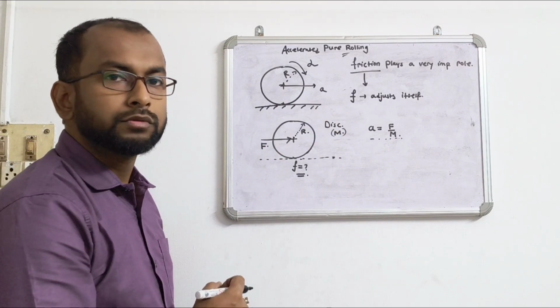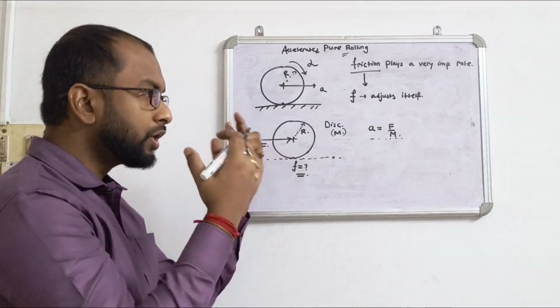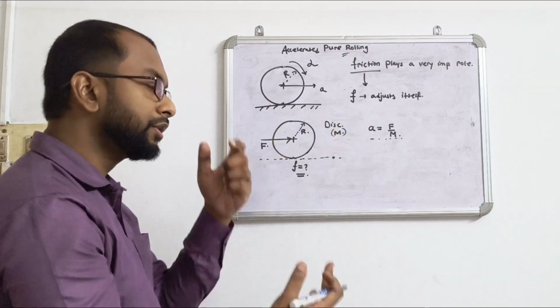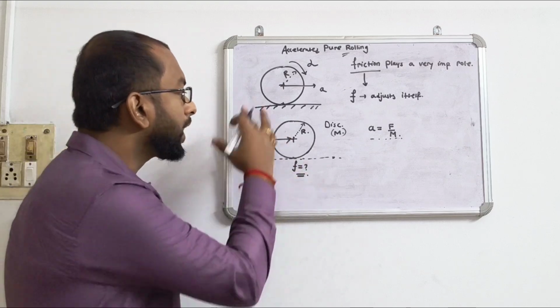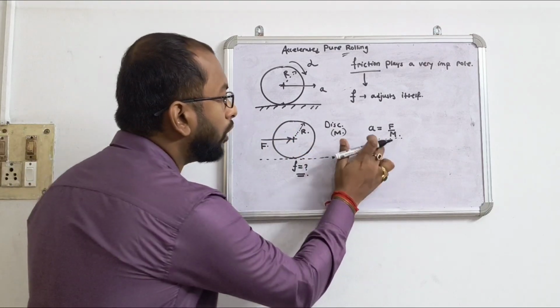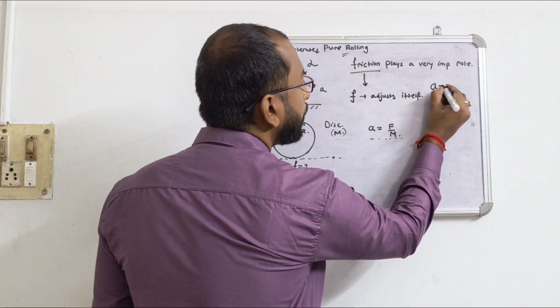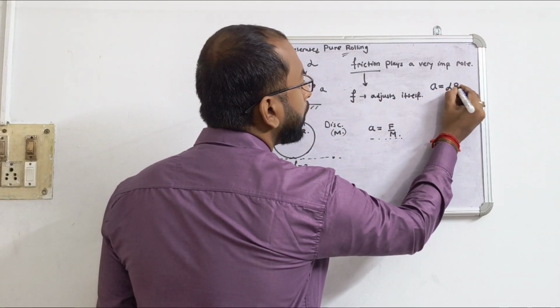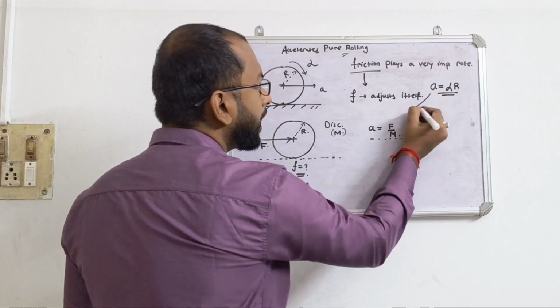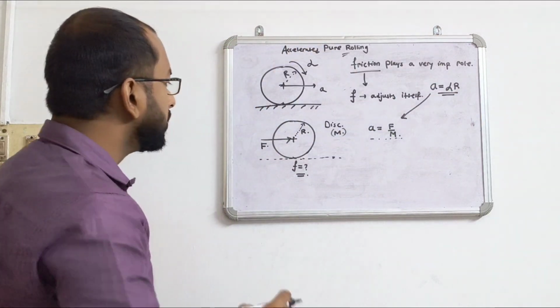So what force will be responsible for the rotation? Some force should be applied to make it rotate, to give it angular acceleration in order to counter A. Because in order to have pure rolling, A should be equal to alpha R. A is generated due to the force you are applying, but how will alpha be generated?